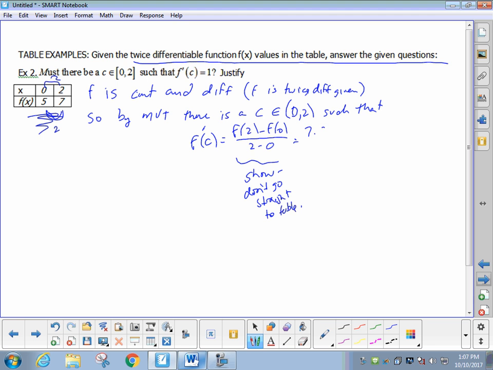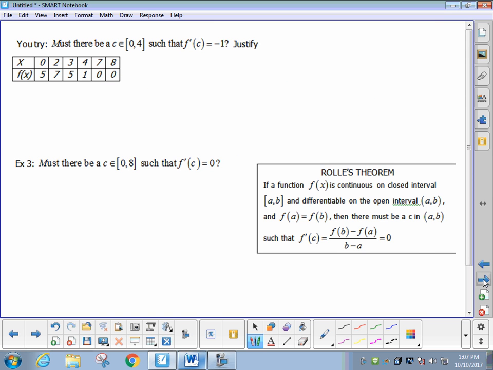7 minus 5 over 2 minus 0 is. There's got to be a place for the instantaneous rate of change as well. You try. I think it's on the back.